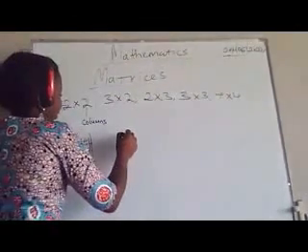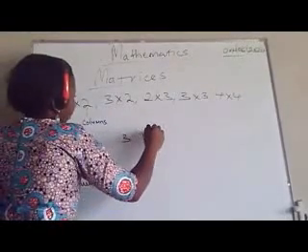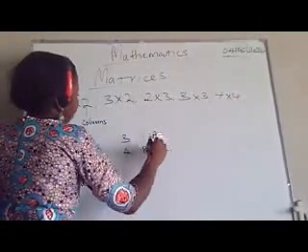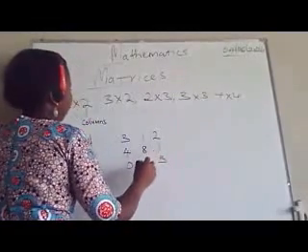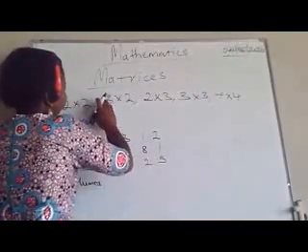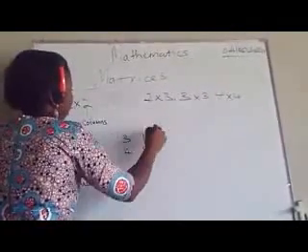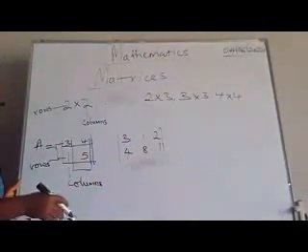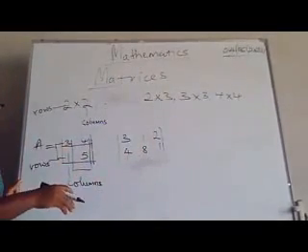A 3x3 matrix is also written as 3, 1, 2, 4, 8, 1, 0, 2, 5. Sorry, this should have been a 2x3 matrix: 2 rows, 3 columns, because there is no way we can have 3 rows and 2 columns.